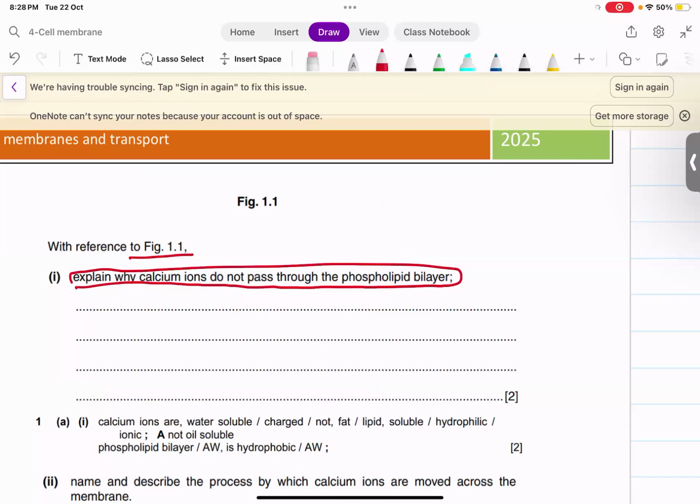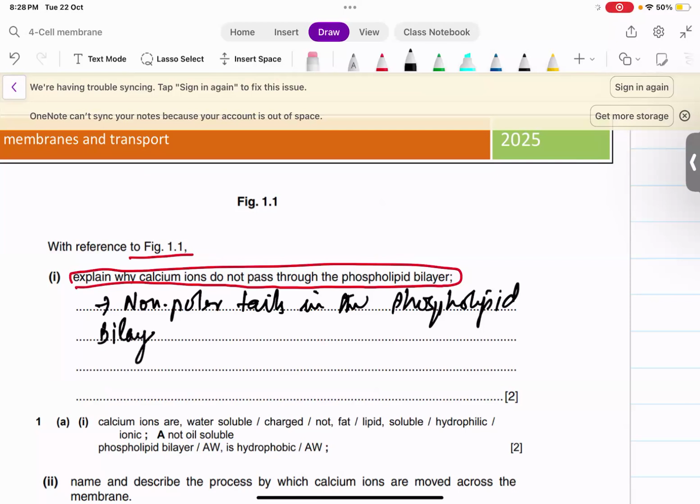That's very simple. We have already discussed it, that the non-polar tails in the phospholipid bilayer provide a hydrophobic barrier.